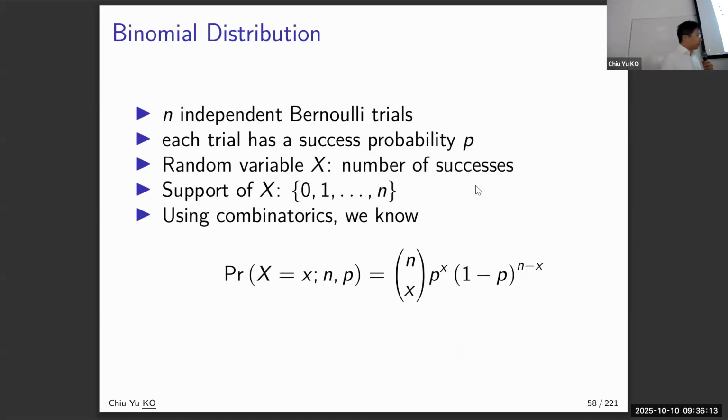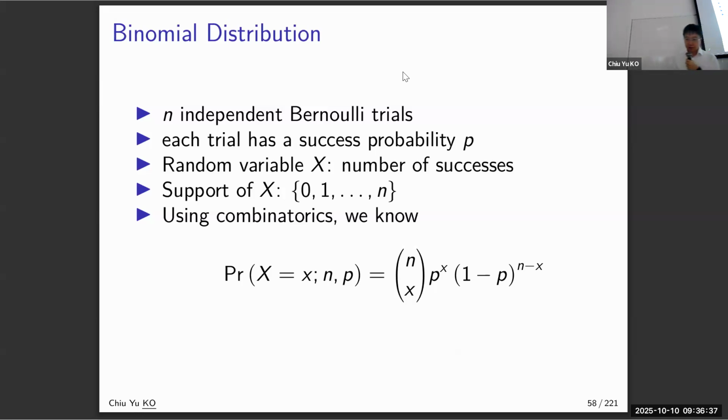After that, we build up from the Bernoulli to the binomial. You repeat this Bernoulli n times. Essentially, you open n different boxes, each box has only two outcomes, success is P and fail is 1 minus P, and then you care about the number of successes. You don't care about the order, only the number.